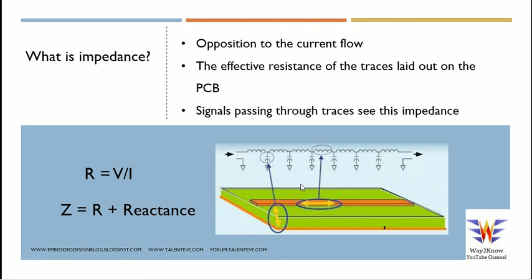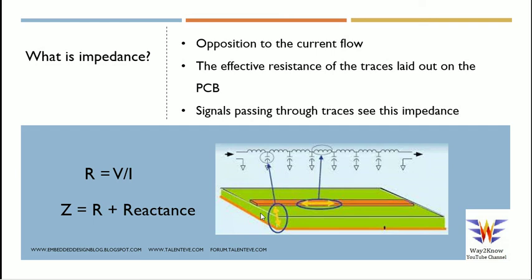Each section of the transmission line, and there will be a number of sections if we treat it that way, has an inductance and an associated capacitance, and these combine to form the impedance on the PCB.